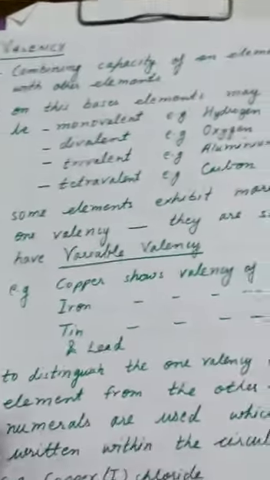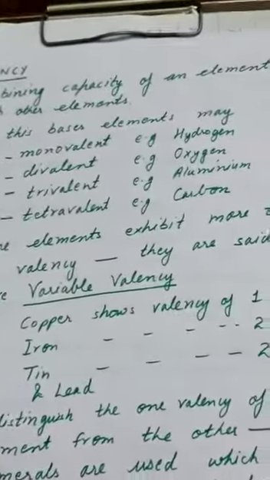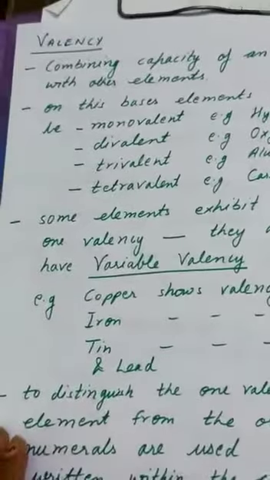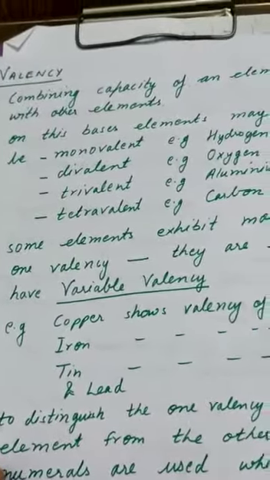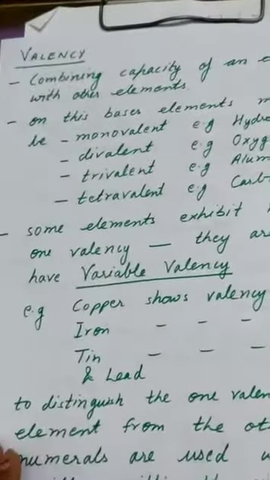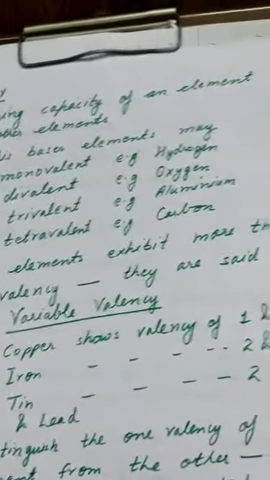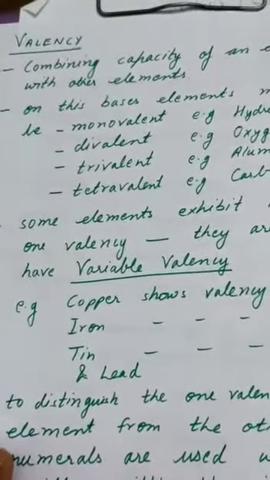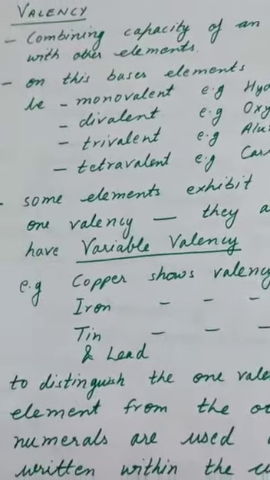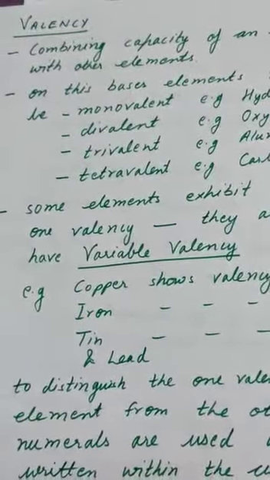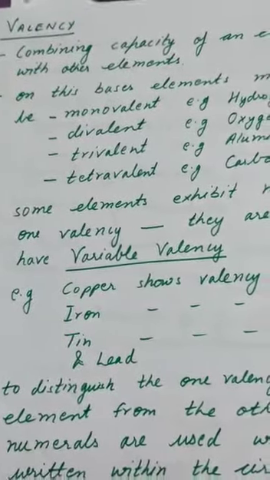Now, besides these, there are some elements which exhibit more than one valency. They are said to have variable valency. Variable means more than one.